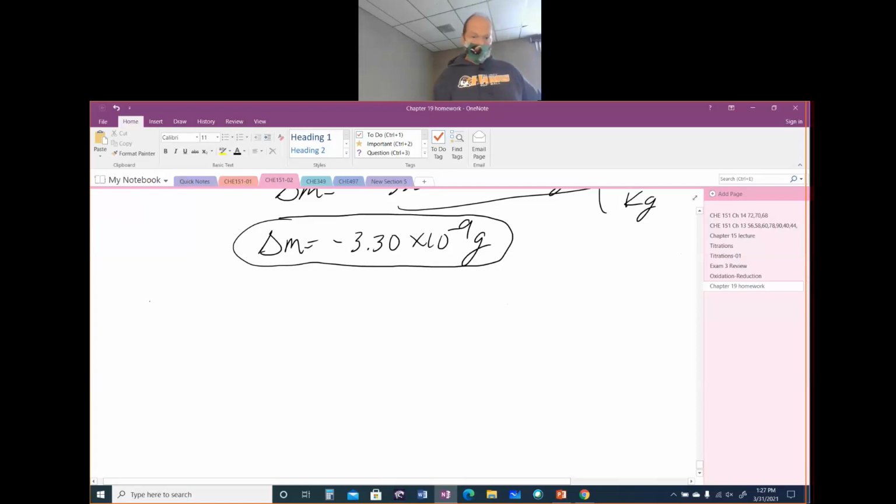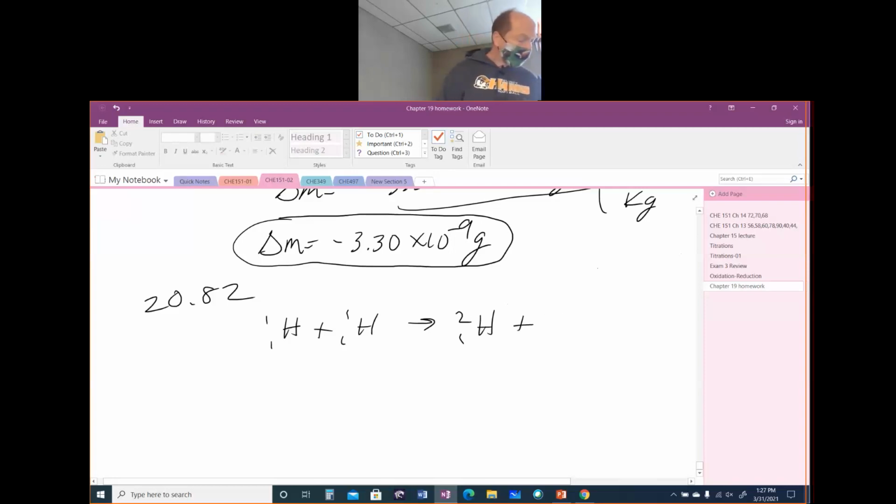So when we go to 20.82 and we have a nuclear reaction where we have an H-1,1 plus H-1,1 yields H-2,1 plus a 0,1e. That is a positron. A 0,1e is a positron.